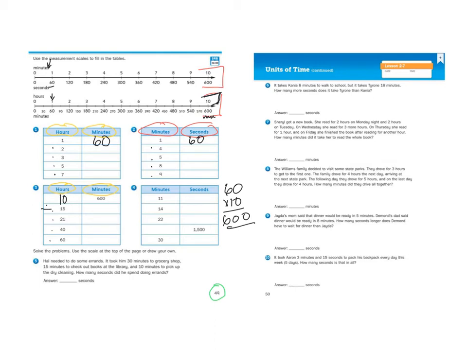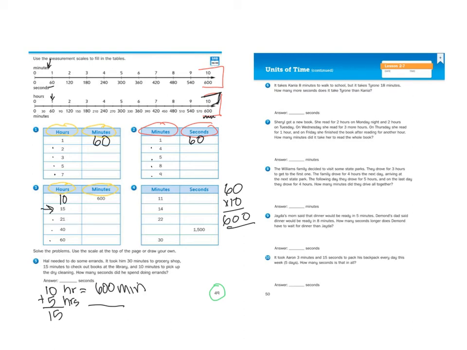So let's take a look at this one. 15 hours. Well, I know that 15 can be made by adding 10 and 5. So if I did 10 hours and 5 hours, I should be able to get to how many minutes? We already found in the measurement scale that 10 hours is the same thing as 600 minutes.